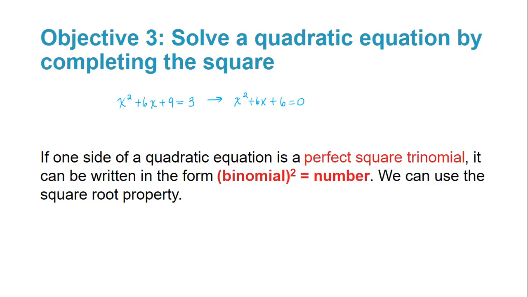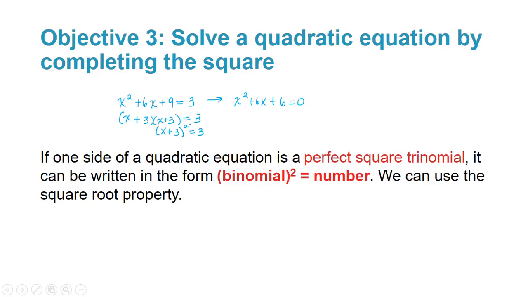When we look at x squared plus 6x plus 9, notice that this is factored as x and x, and then the factors of 9 whose sum is 6. Well, that happens to be 3 and 3. In other words, we can write x squared plus 6x plus 9 as x plus 3 times x plus 3, which is also x plus 3 squared equals 3.